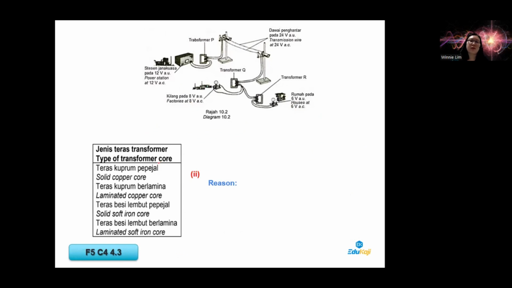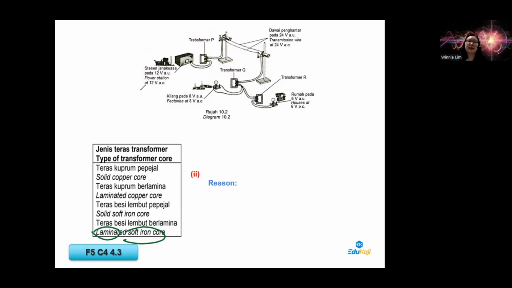Then what type of transformer core should you use? Solid copper core, laminated copper core, solid soft iron core, or laminated soft iron core. So under transformer, you know that there are 4 ways to increase the efficiency of a transformer. Remember, you're supposed to use a laminated soft iron core. So why do we normally use soft iron core? It doesn't mean the core is very soft, but it has the characteristic of being easily magnetized and demagnetized.